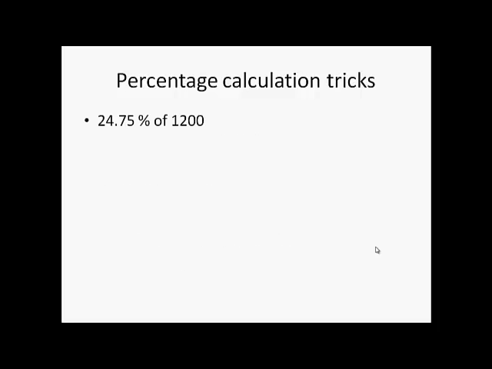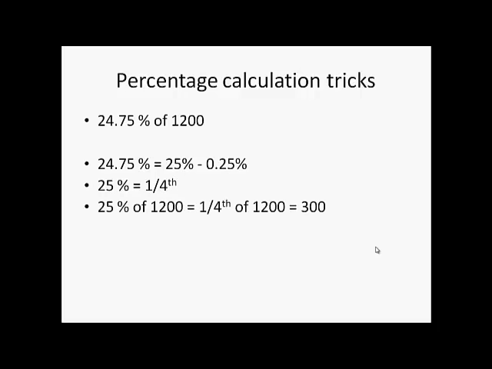To calculate 24.75% of 1200, 24.75% can be broken down as 25% minus 0.25%. 25% of any number is 1/4 of that number.